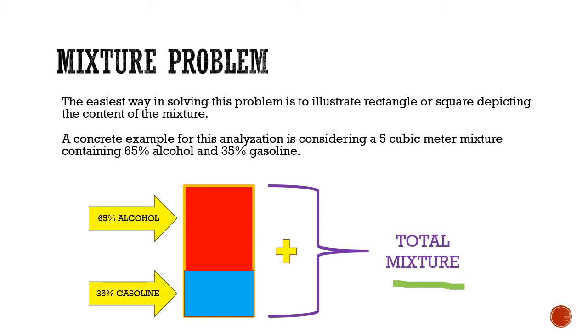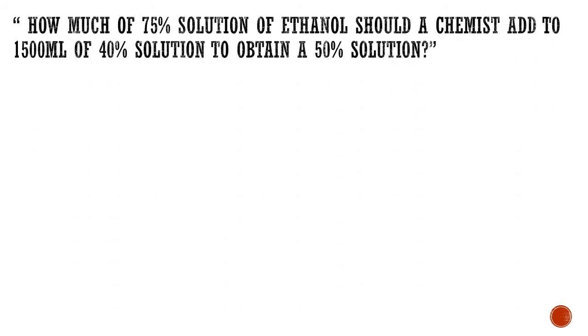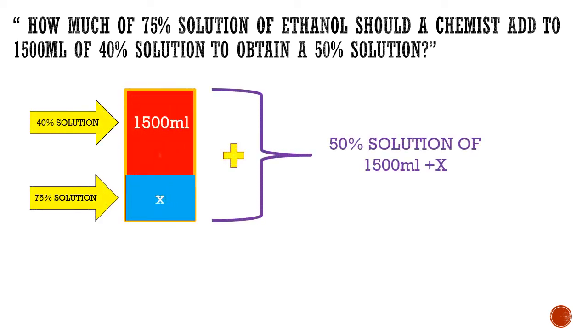Para mas lalo nating maunawaan, let's move on to our example. Para sa unang problem, how much of 75% solution of ethanol should the chemist add to 1,500 ml of 40% solution to obtain a 50% solution? So, here's an illustration.